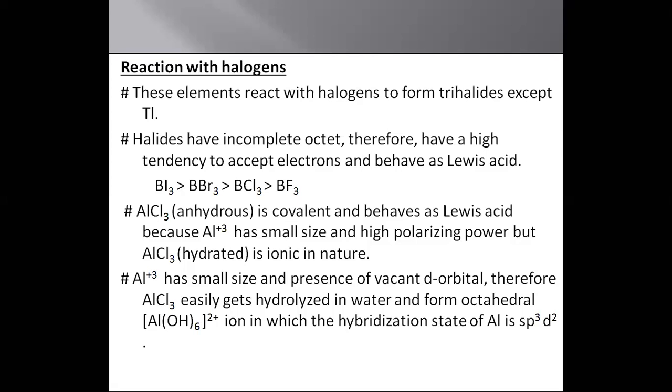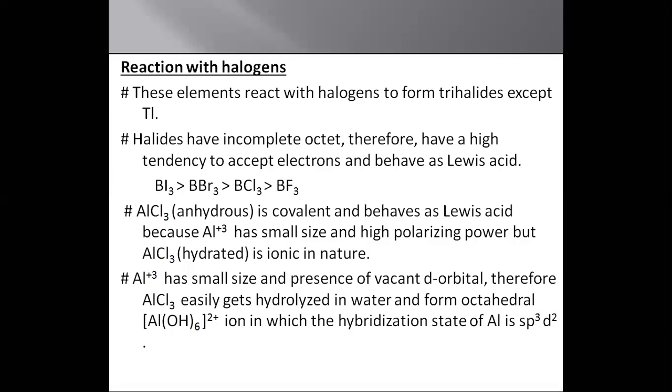Then we talk about aluminium chloride. Anhydrous and hydrated aluminium chloride behave in two different ways. Anhydrous aluminium chloride is usually covalent in nature. Hydrated aluminium chloride is usually ionic in nature.